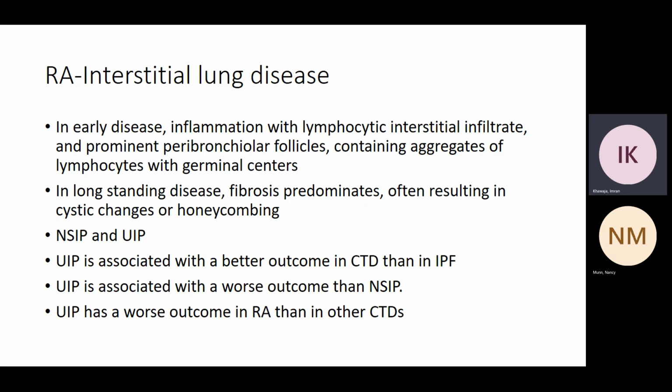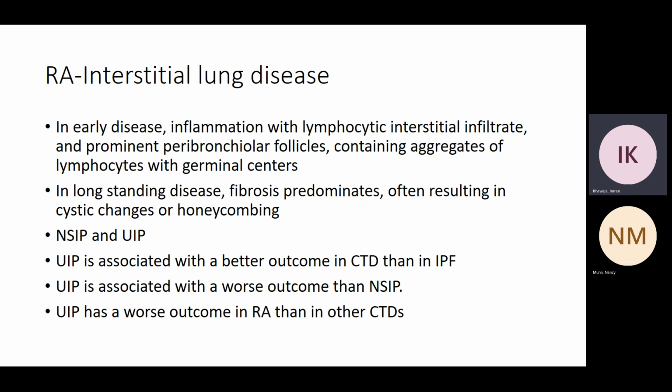There are different radiologic abnormalities that we see in these patients, as I have told you. But the commonest one in rheumatoid arthritis is a UIP pattern. Usually, once they develop fibrosis, it will be usual interstitial pneumonia. But the most common type in other connective tissue diseases is non-specific interstitial pneumonia.